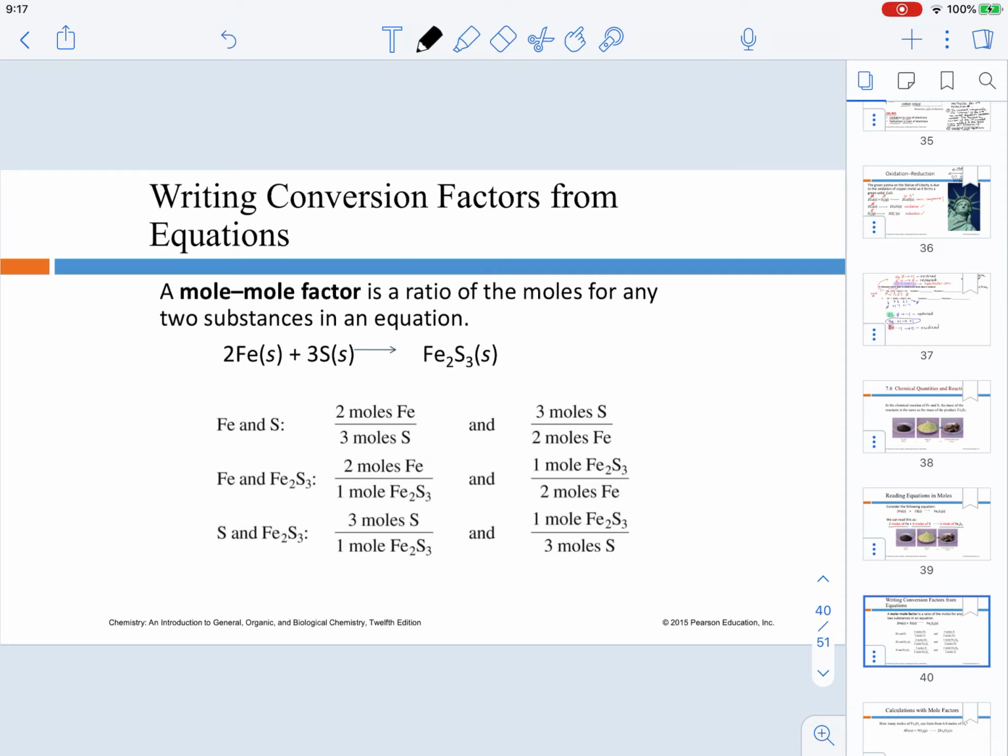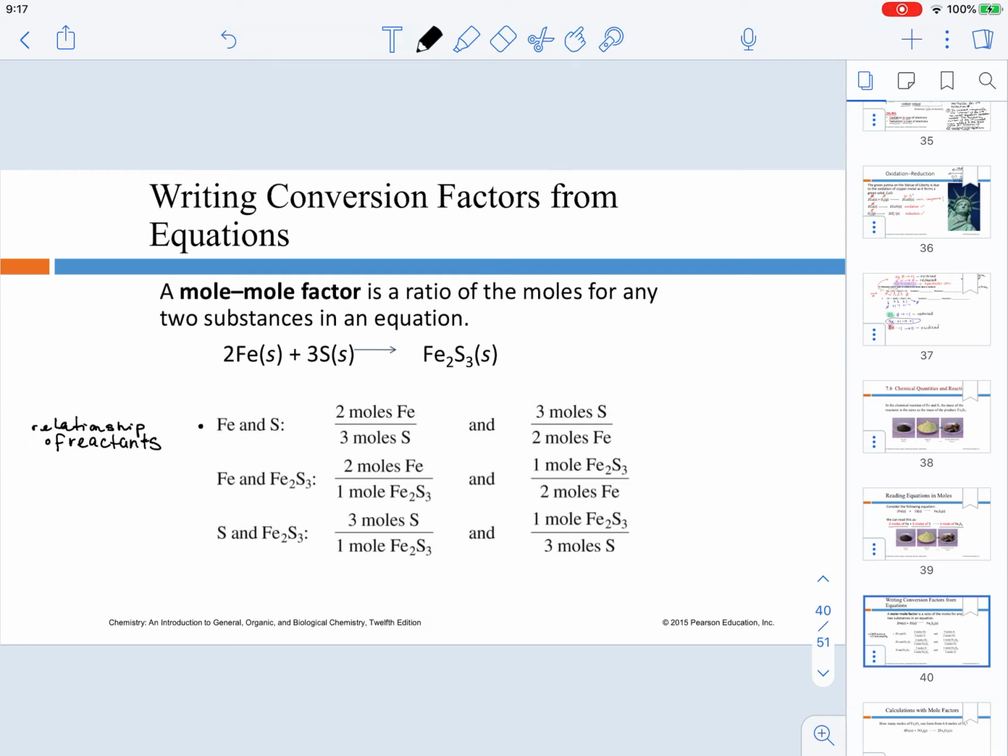So as you can see, the first is going to be the relationship between reactants. Meaning that thanks to those coefficients, we can say that for every 2 moles of iron, that is going to react with 3 moles of sulfur, and vice versa.